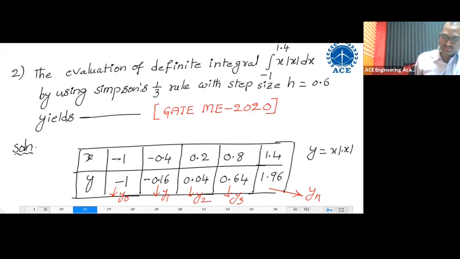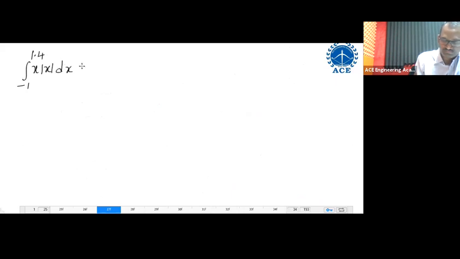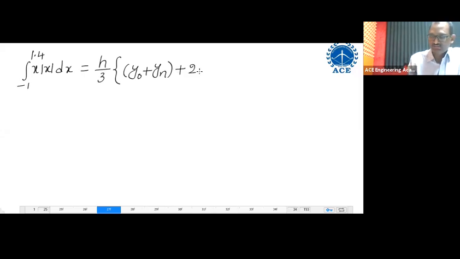So Simpson's one-third rule: the upper limit is 1.4, by mistake I gave 1. Please verify. h by 3 into (y naught plus yn) plus 2 into (even terms) plus 4 into (odd terms).